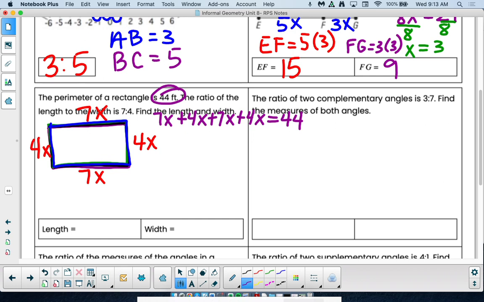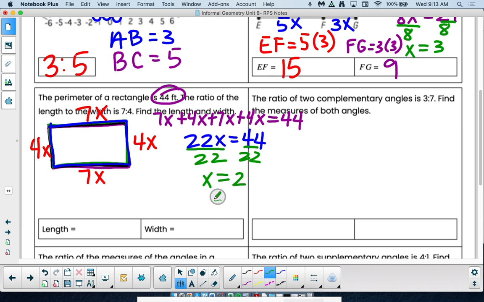And now we just simplify. How many x's do we have? Well, 7 plus 4 plus 7 plus 4 should give you 22x, right? Our Taylor Swift number, 22. And then we'll divide out. X should be 2.